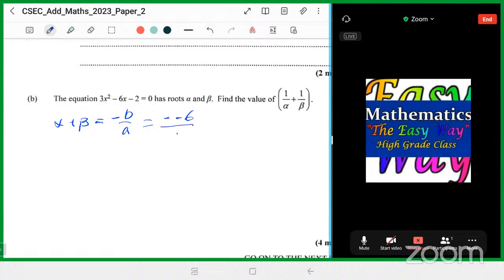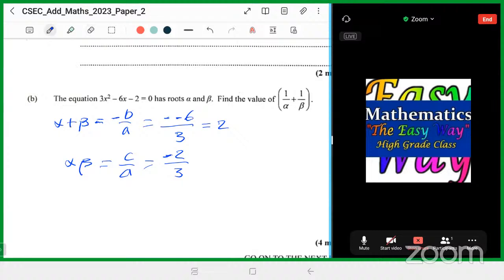That becomes a positive 6 over 3, which then is 2. And then the product of the roots, which is alpha beta, is equal to c over a. And the c is this negative 2 over this 3. That's my alpha plus beta and my alpha beta.